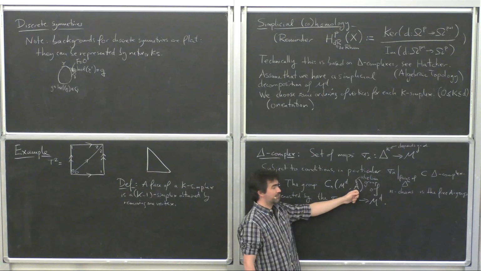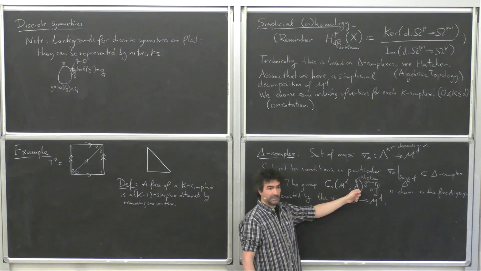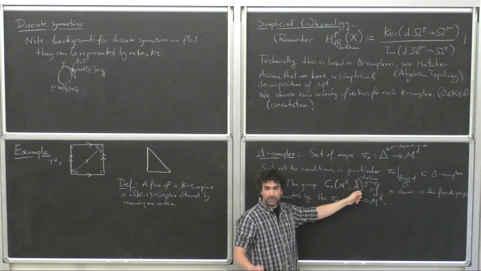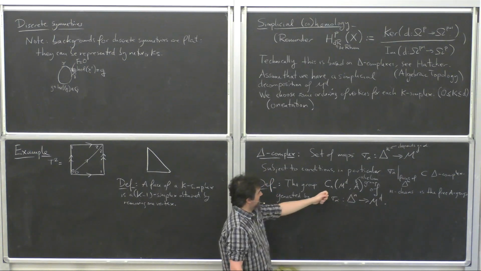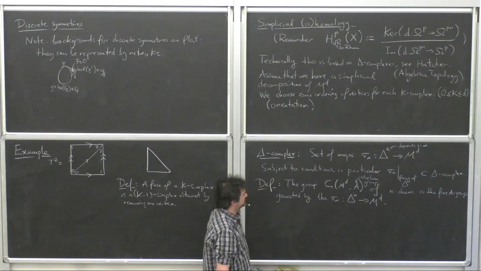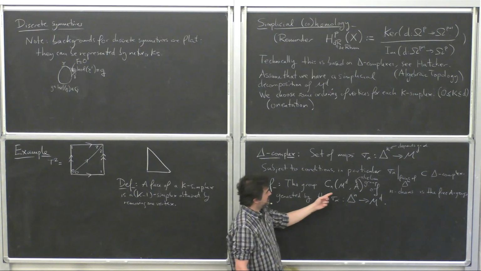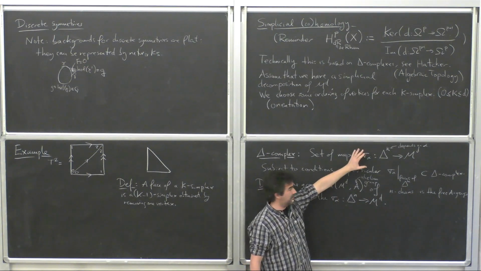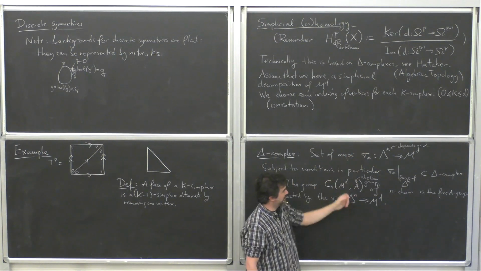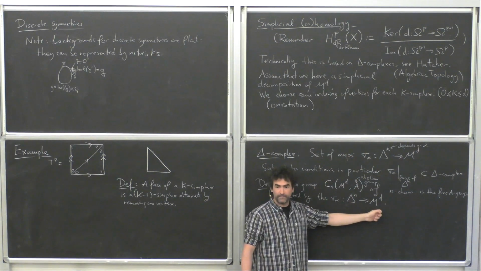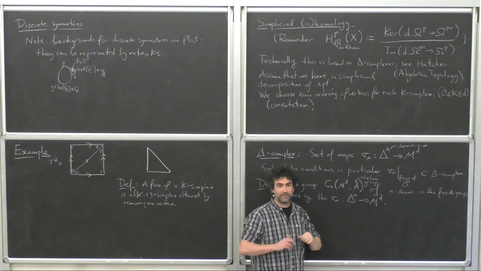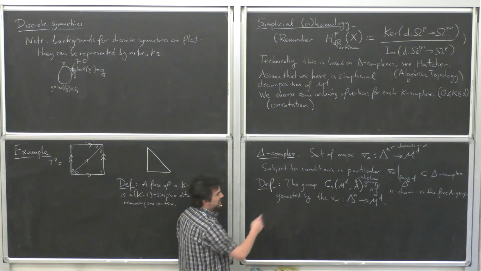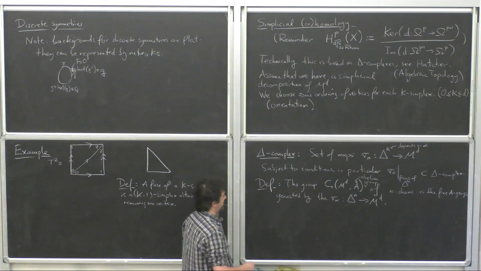If you want to keep one group in mind, keep Z or Z2 or R. Those are good examples. Then you pick an n, a dimension, and then you look at those maps from n simplices, so this subset of all the maps you have here, those that send n simplices to M. So you focus on those that are of n dimensions. And then you take the free group over A.